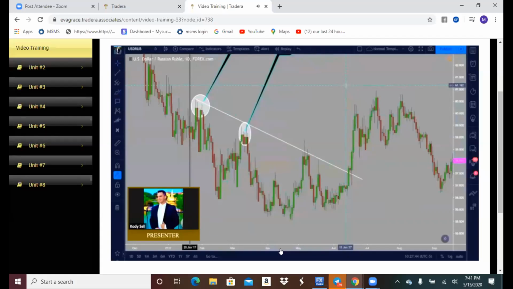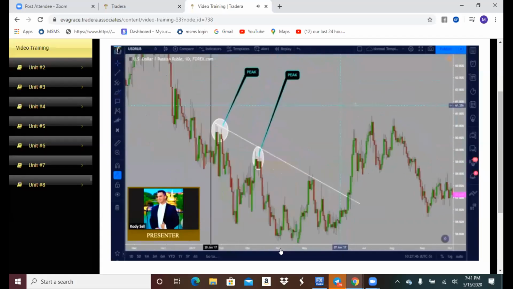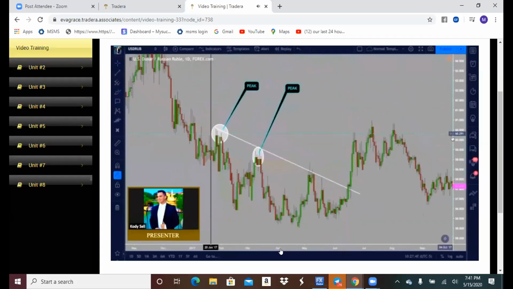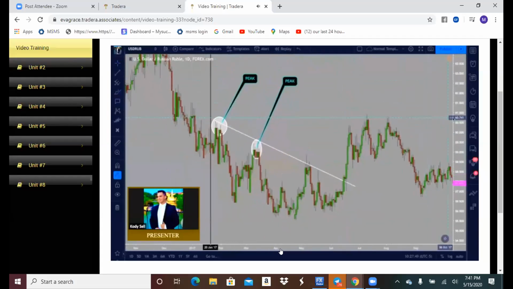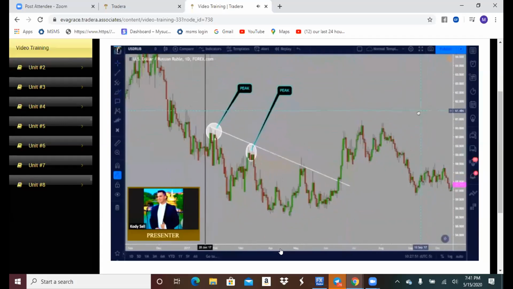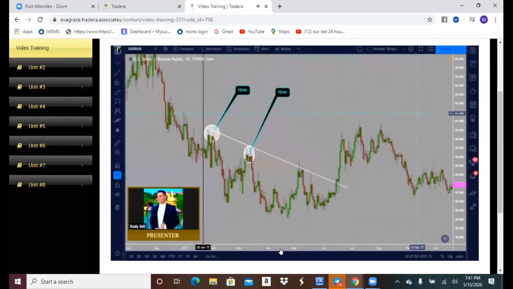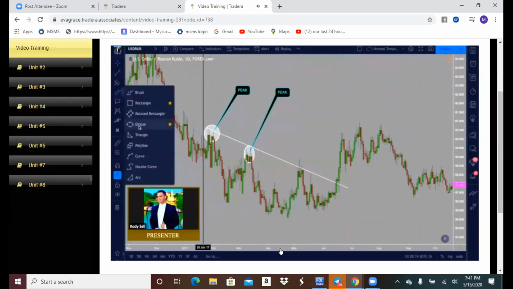When you draw your trend lines in this manner, you know for sure that when price breaks this, it's broken the outermost boundary, the outermost support or resistance level, and you can for sure rely on the fact that you are looking at a potential trend change. So now, notice how when we connect these peaks, what happens when price gets back up?